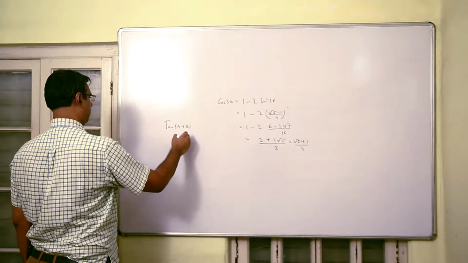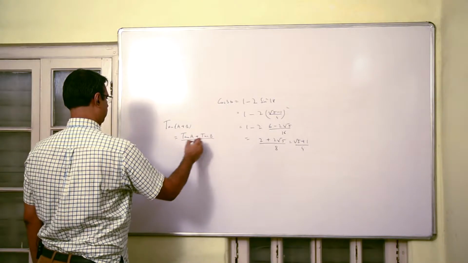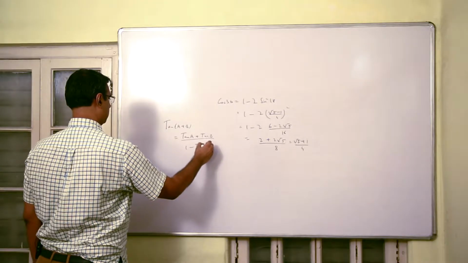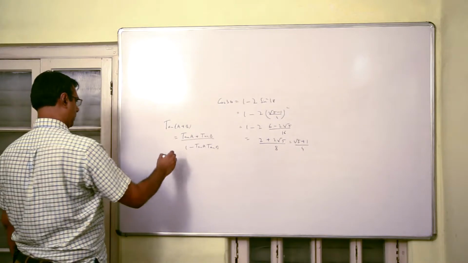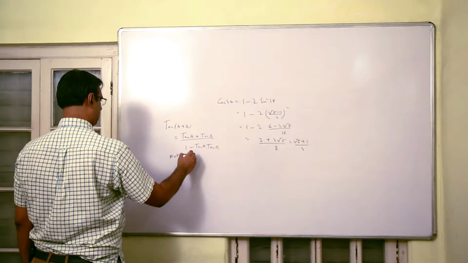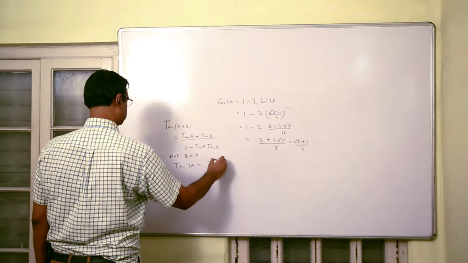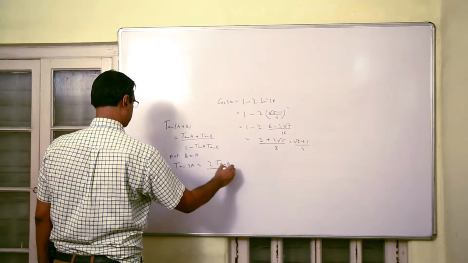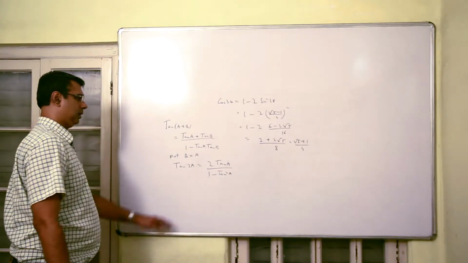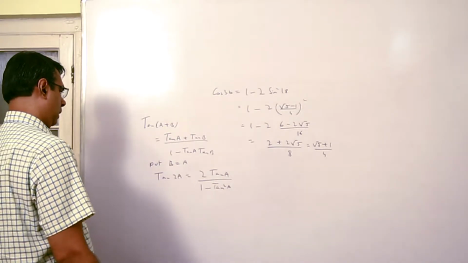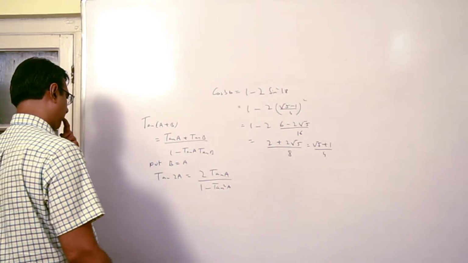You know that tan A plus B is tan A plus tan B by 1 minus tan A tan B. In this formula, you now put B equal to A. So you will get 2 tan A by 1 minus tan square A. So this is the multiple angle formula for tan 2A.